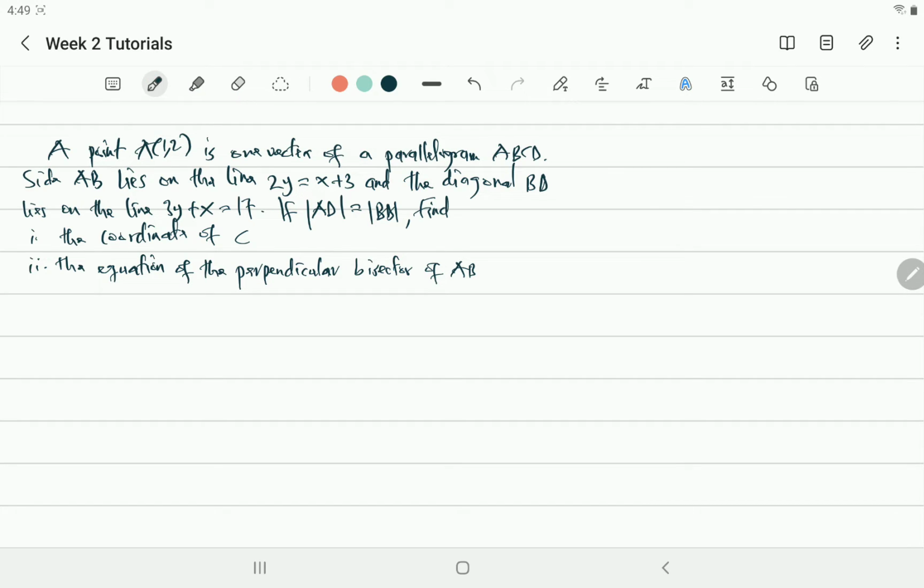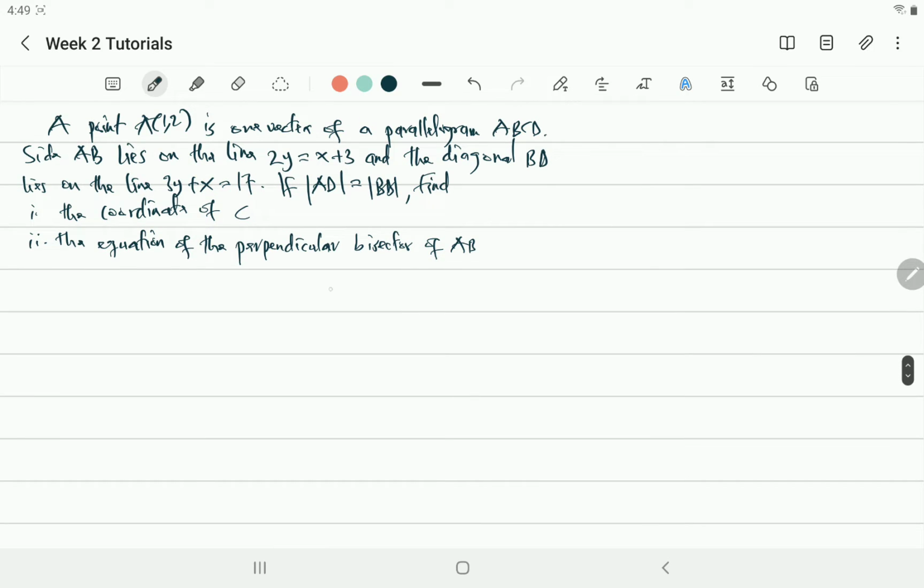We are told that the point 1, 2 is one of the vertices of the parallelogram we are coming to draw. So assuming here is 1 and here is 2, we can have this point as A, right? That is one of the points of the parallelogram.